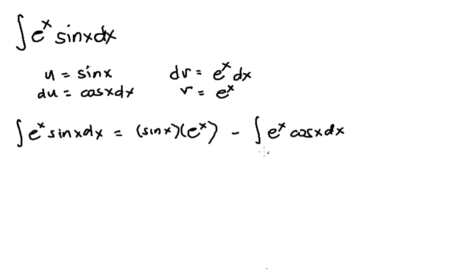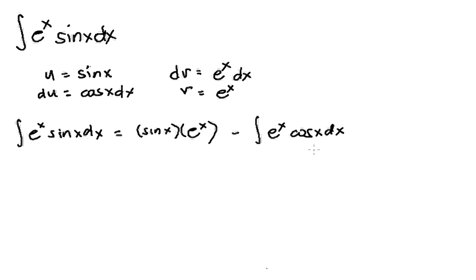As you can see here, our v du is almost exactly the same as our original integral, but this time we have e to the x multiplied by cosine x, while our original is e to the x multiplied by sine x dx.